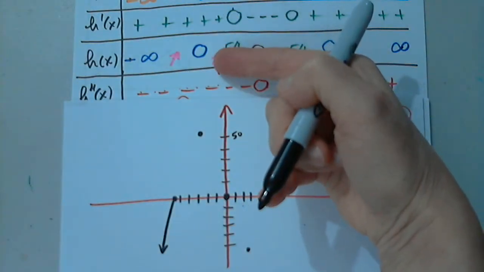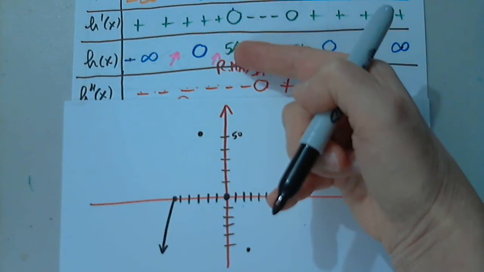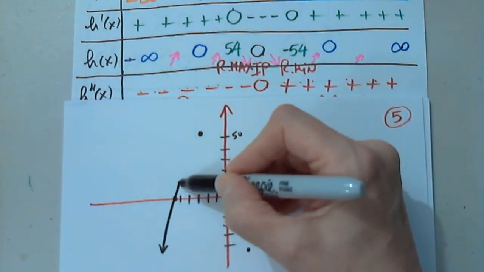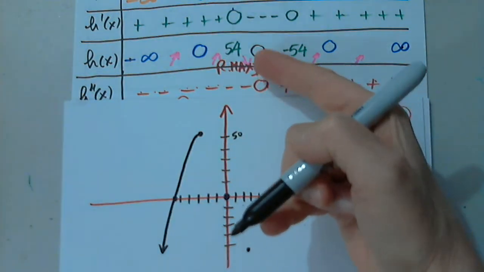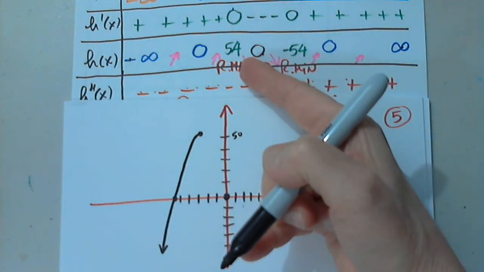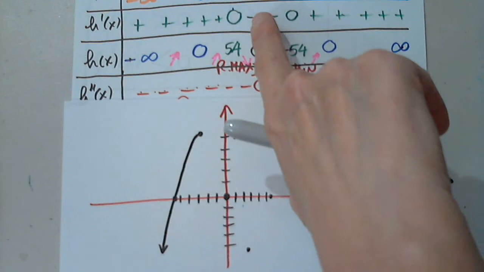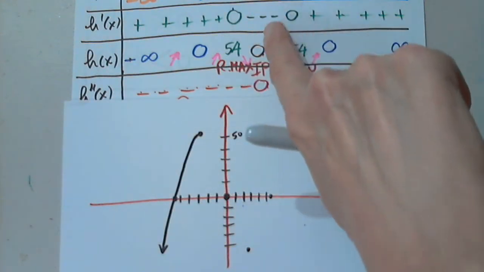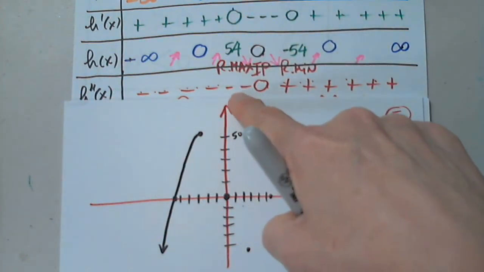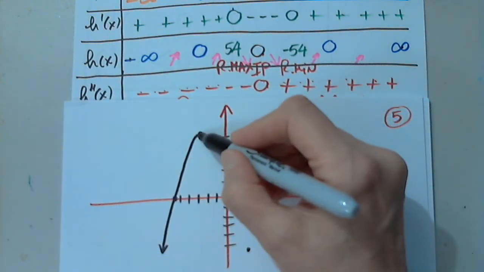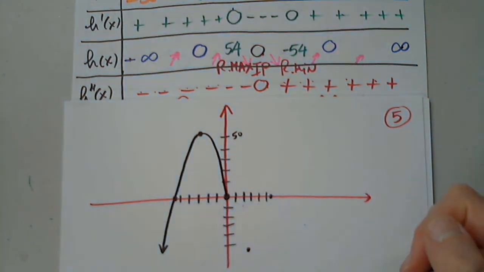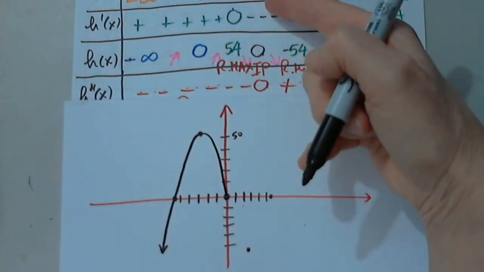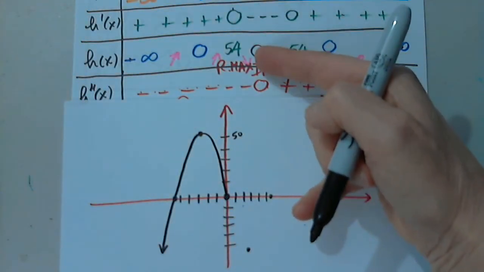Still increasing to the relative max. But now it starts decreasing. Here's the arrow, decreasing to the origin, still opening down. Where it has an inflection point.